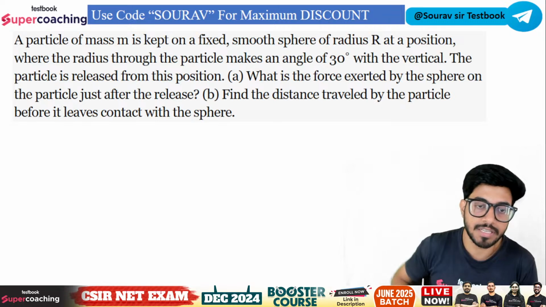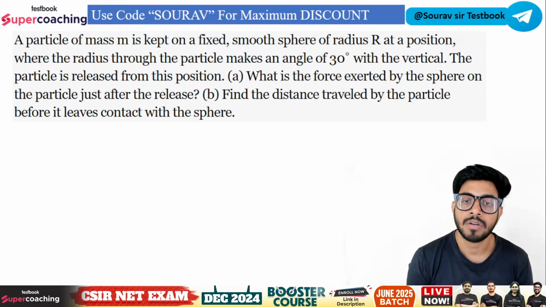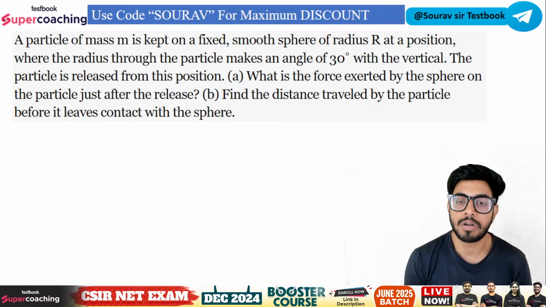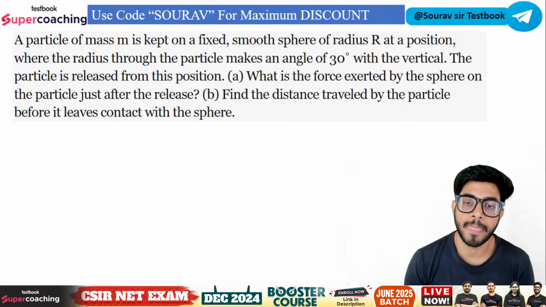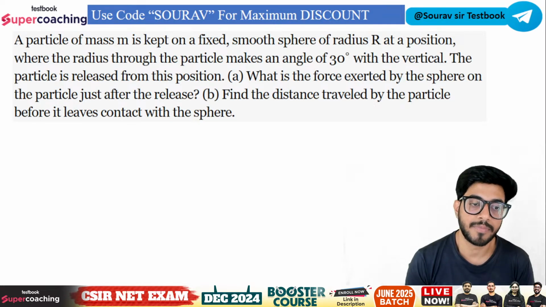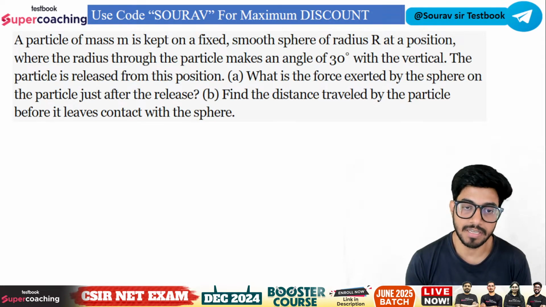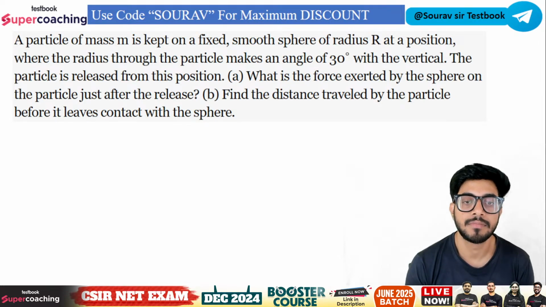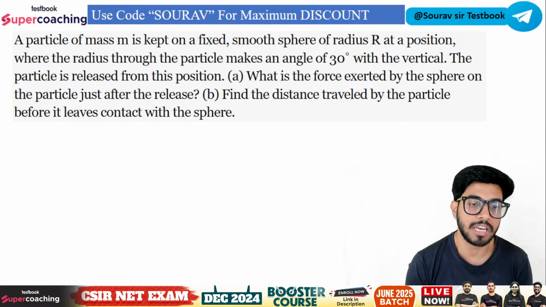The particle is released from this position. What is the force exerted by the sphere on the particle just after the release? Find the distance traveled by the particle before it leaves the contact with the sphere.